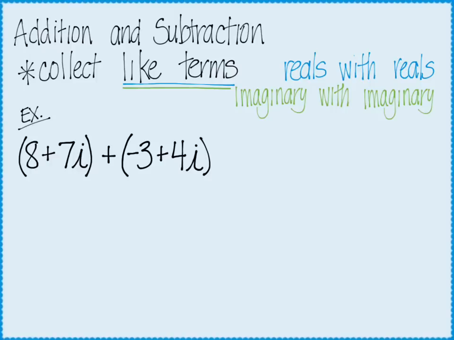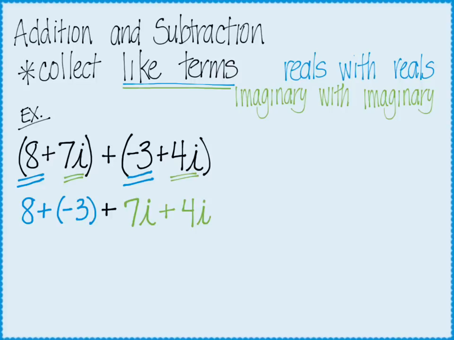In the first problem, we've got two complex numbers, 8 plus 7i and -3 plus 4i. They've got lots of parts, but it's just two numbers, and I'm adding those two numbers. To add them, I add reals with reals, 8 plus -3, and I add the imaginaries, 7i plus 4i.